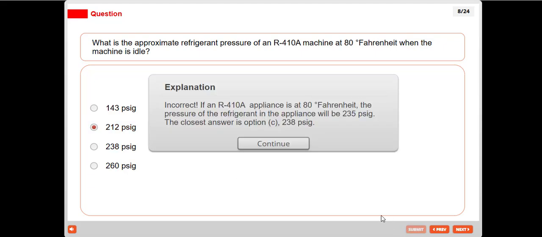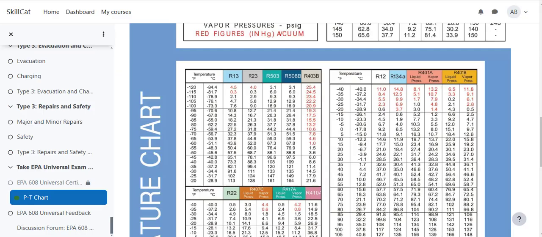No. For an appliance at 80 Fahrenheit, the pressure of the refrigerant in the appliance will be 235. The closest answer option is 238.